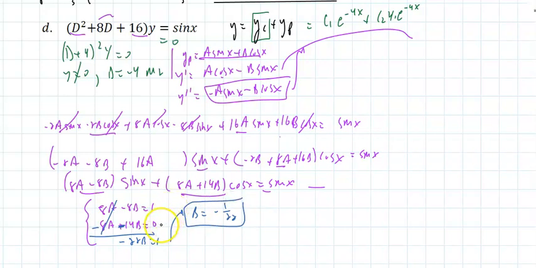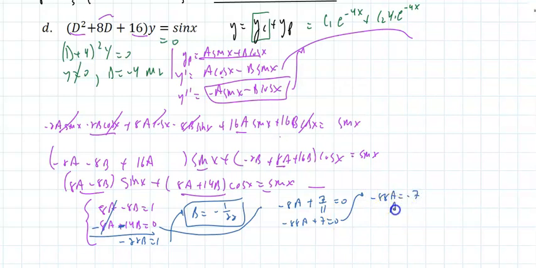And if I take the second equation, I would say negative 8a plus 14 times 1 over 22 divided by 2, that's 7 over 11 equals 0. So negative 88a plus 7 equal 0. Negative 88a equal negative 7. A equals 7 over 88. I might have made a mistake, but it doesn't really matter.